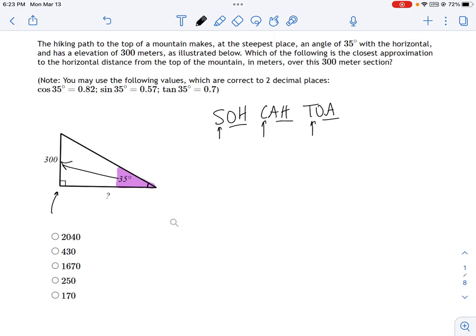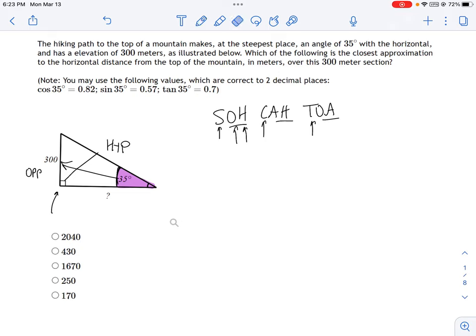Whenever you're using any trig function, you're always looking at the angle and asking, in relation to this angle, what sides do we have? O is the opposite side of the angle. H is the hypotenuse. If 35 is the angle and we draw a line straight from it, we see the opposite side is 300. The hypotenuse is always across from your right angle, so that's the H side.